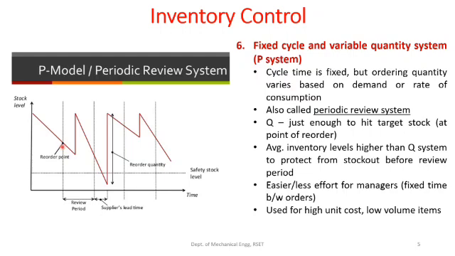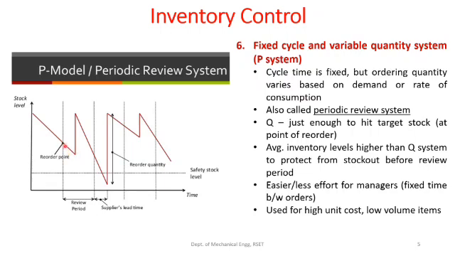Every time you review, you place an order. The order quantity will be the maximum stock level minus the quantity at the time of review, plus the demand during that particular lead time.